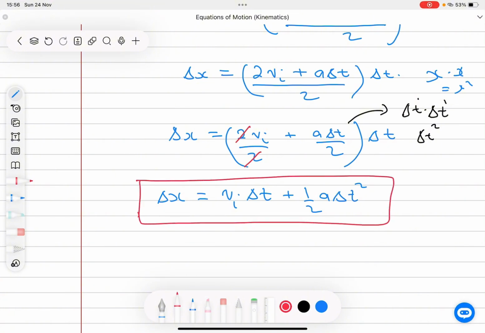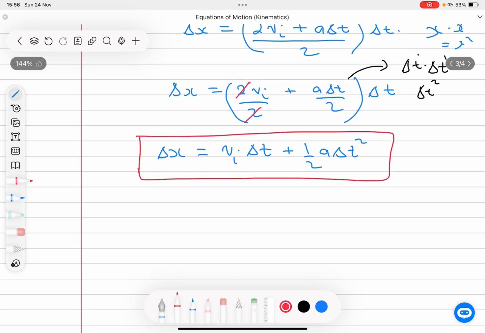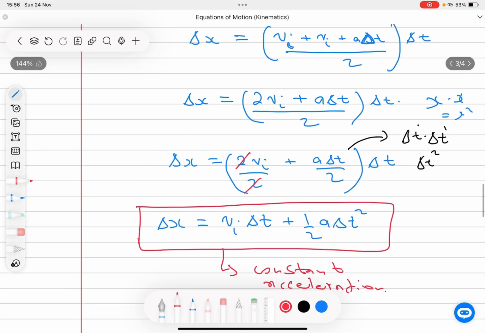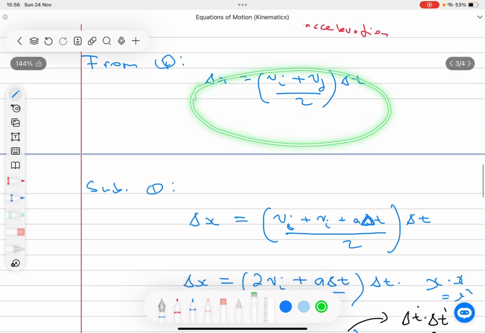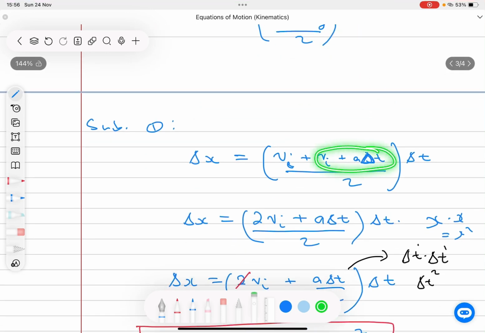Now this is our third equation of motion. And again, this equation is valid if and only if the acceleration is constant. It does not change. Because remember, in this equation, I used the equations that we have already derived under the condition that the acceleration should be constant.